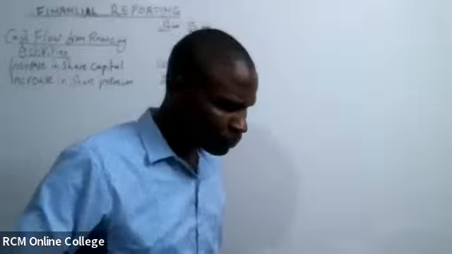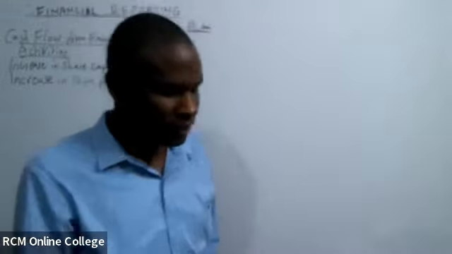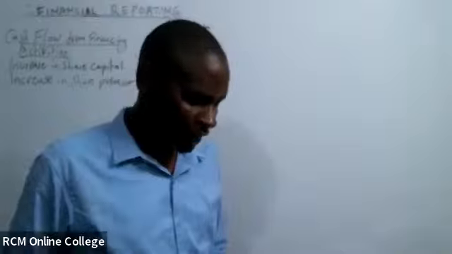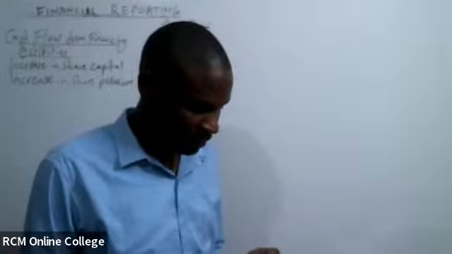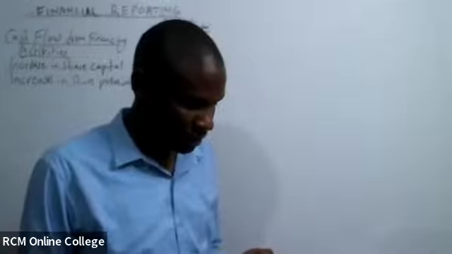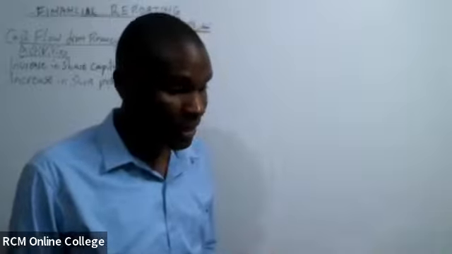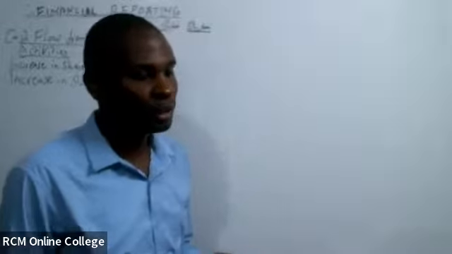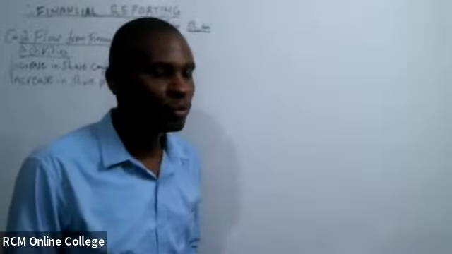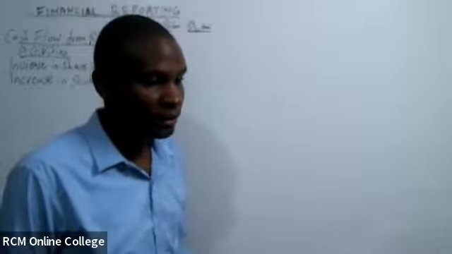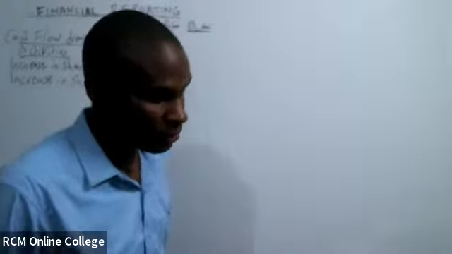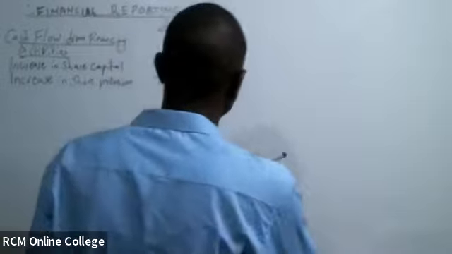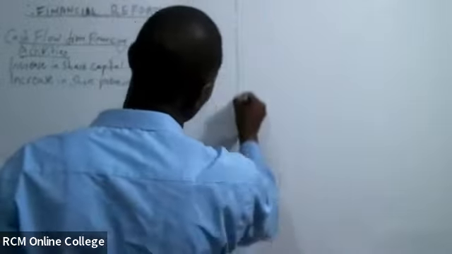Note here, at least in this question, the examiner gave us the dividend paid. It was the last additional information, telling us that dividends totaling this were paid during the year. But in case the examiner has not given you such information, you compute the dividend paid using the retained earning. How do you do that?